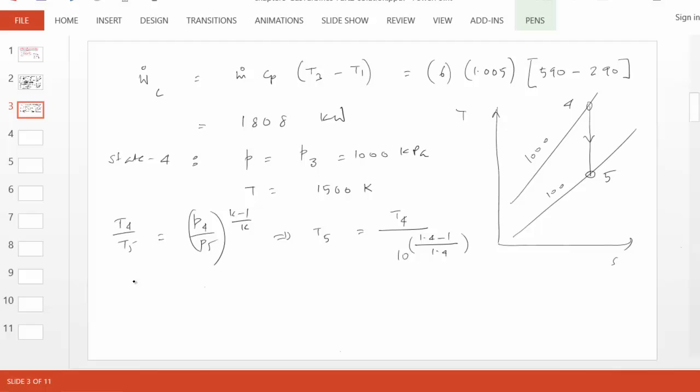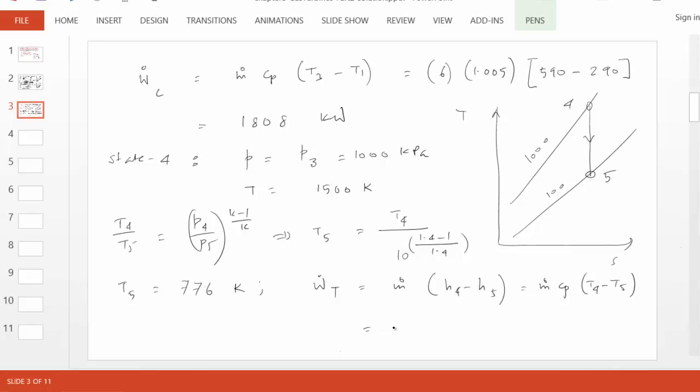Solving this, we obtain T5 as 776 Kelvin. So we can easily obtain the turbine power, H4 minus H5, and for the PG model it becomes cp times (T4 minus T5) times m dot.